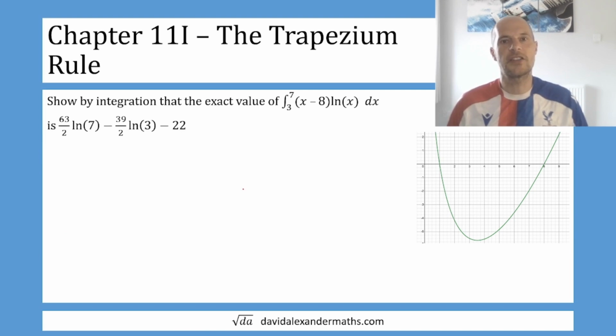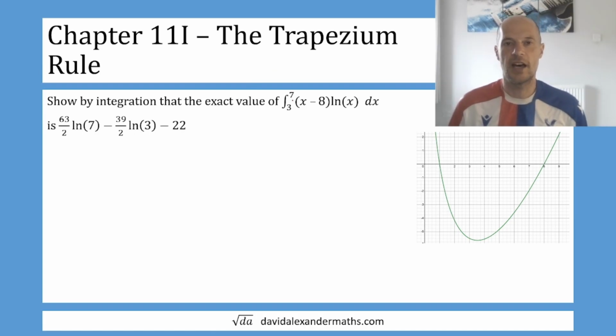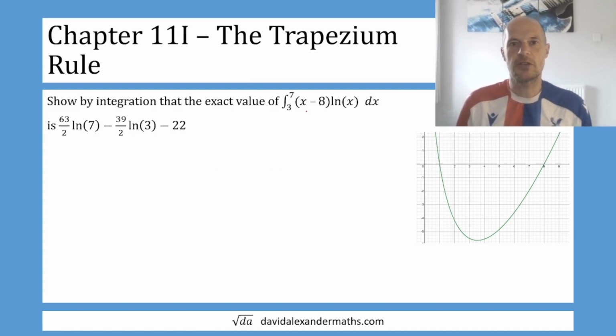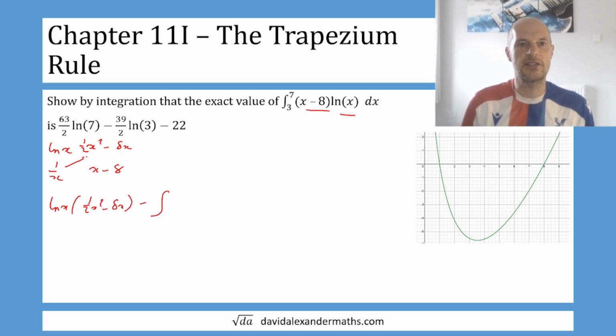Okay, so the final part of this question is using integration to find the exact value. So here we're not using the trapezium rule at all, we're just using normal integration methods. So it's going to be integration by parts. We're going to differentiate the ln x, so that's going to be 1 over x, and we're going to integrate the x, take away 8, so that'll be 1/2 x squared minus 8x. So the integral will be ln x multiplied by 1/2 x squared minus 8x minus the integral of these two things combined.